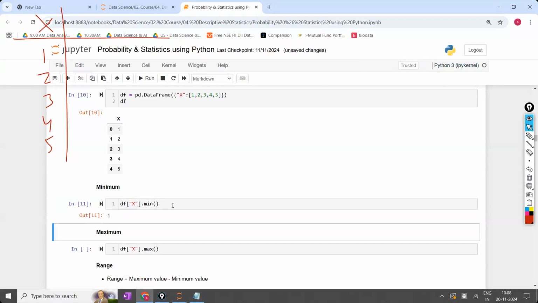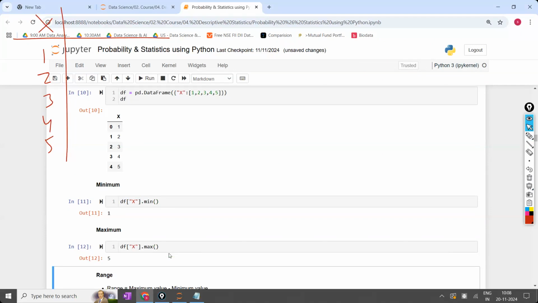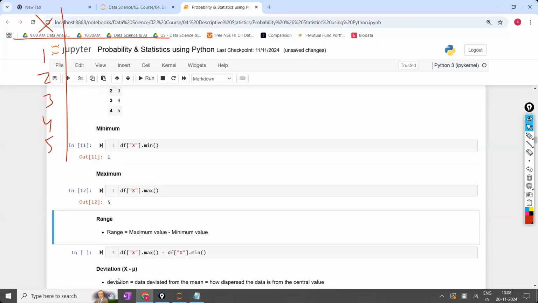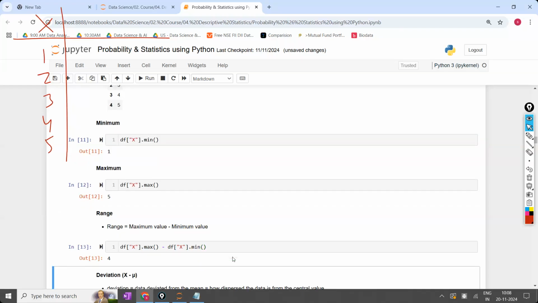It will give the minimum value. Dot max will give the maximum value. Dot mean will give the mean value. Dot median will give the median value. Dot mode will give the mode value. Now range: maximum minus minimum is called range.